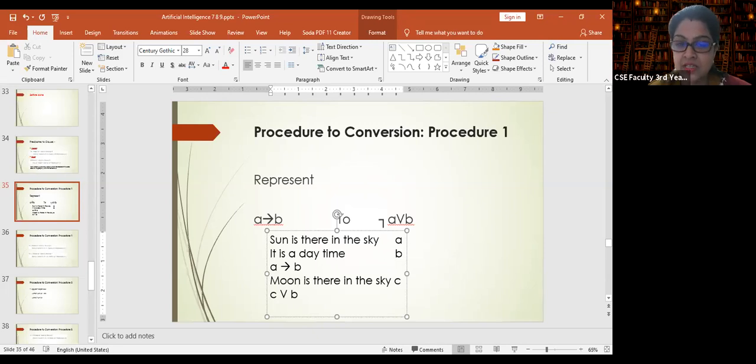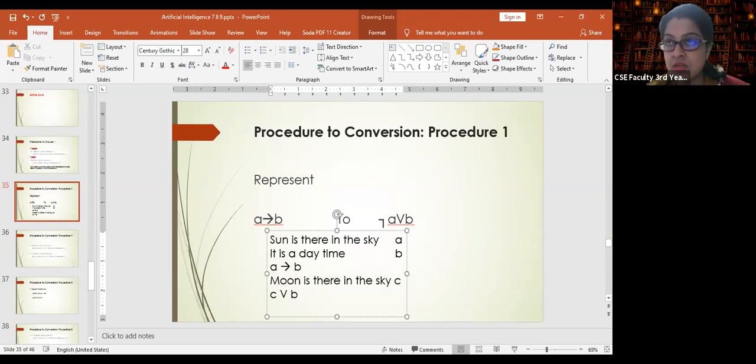We can use this or sign, either this or this. But we cannot write either sun is there in the sky or it is a daytime because they are both on the same side. We cannot send both of them to the opposite side, right?